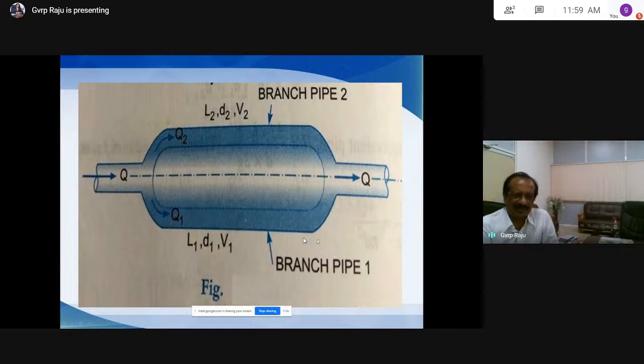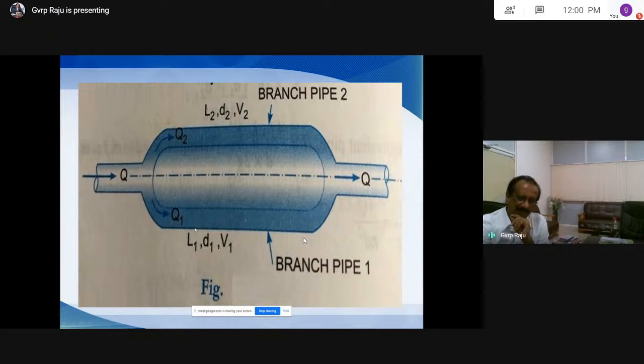Neglect bend losses, neglect minor losses, and take only frictional loss as the major loss here. So the second one is to take frictional loss HF1 equal to HF2. So the first equation is Q1 plus Q2 is equal to Q, and the second equation is, as you have neglected minor losses, including bend loss. You can see this is a bend, you have a bend here and a bend here. Neglect all the other losses; we have only frictional loss as the major loss here.